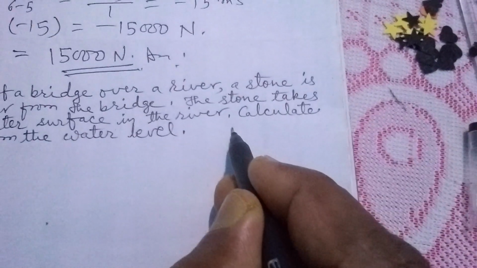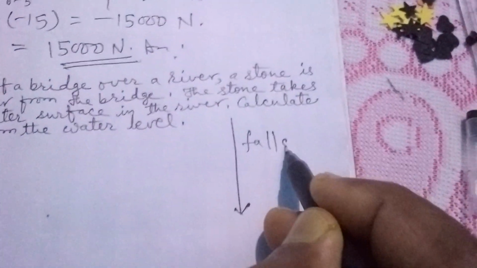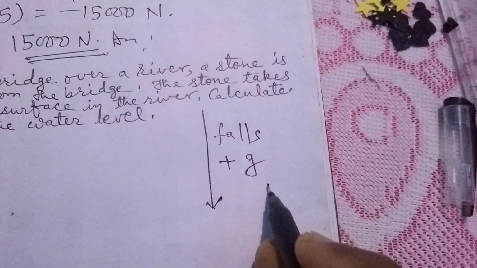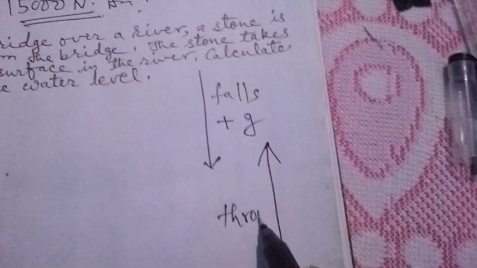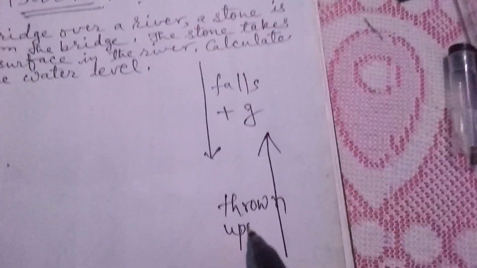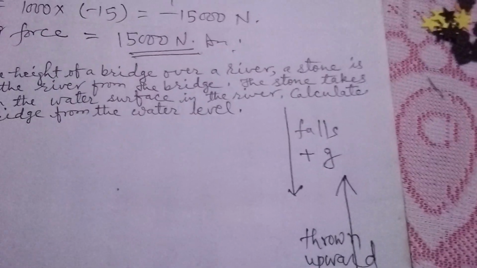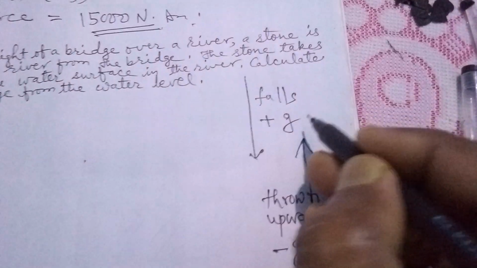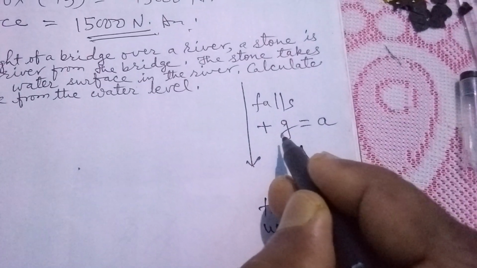One thing we have to keep in mind, when something falls from a height, in that case we take plus g. And when something is thrown upward, in that case we take minus g. Okay, these two things we always have to keep in mind, which is also called acceleration due to gravity.